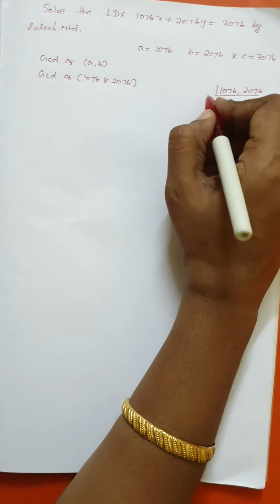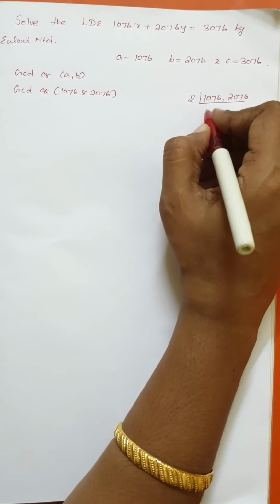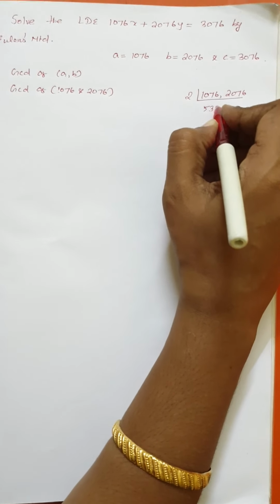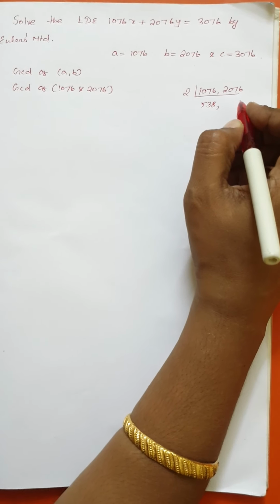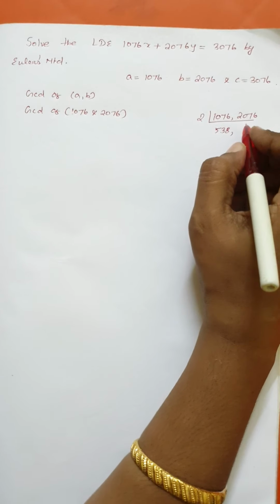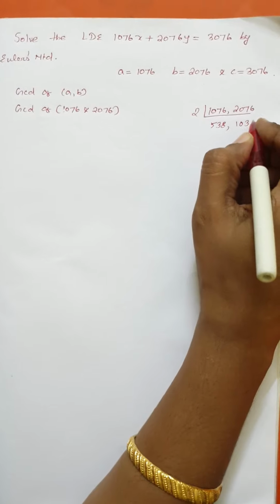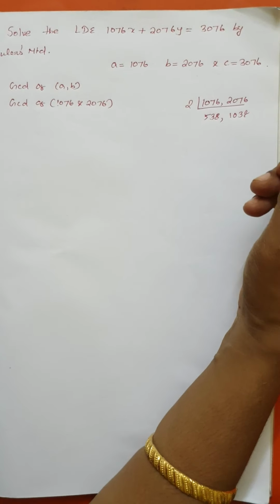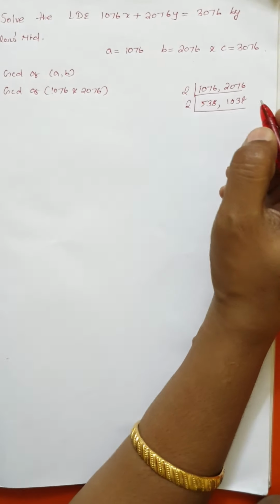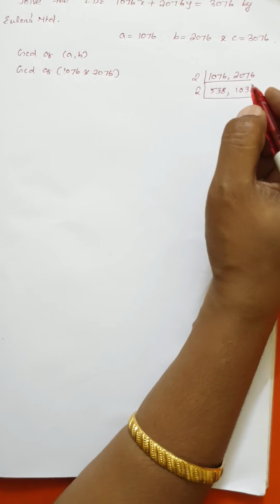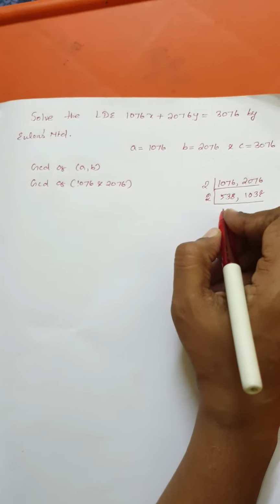See here, 2 is the common divisor for both the numbers. 5 2s are 10, 3 2s are 6, 8 2s are 18, so 538 into 2 is equal to 1076. Next, 1 2s are 2, 0, 3 2s are 6 and 8 2s are 16. Next again we can divide both the numbers by 2.